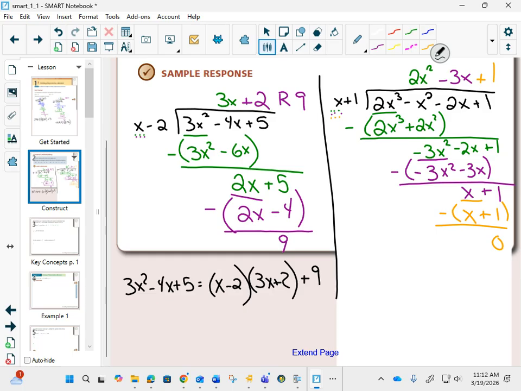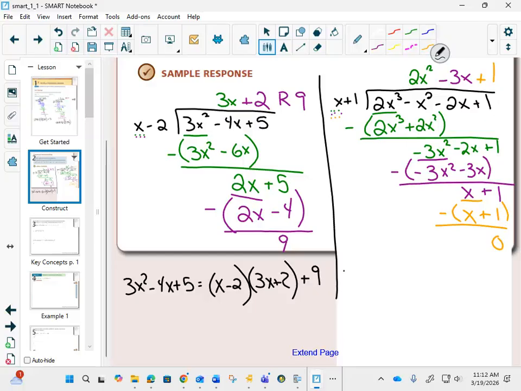And you have now done something for the first time that you've never done before. I'll show you what you just did. If I write out what this answer means, you took 2x cubed minus x squared minus 2x plus 1 and got x plus 1.